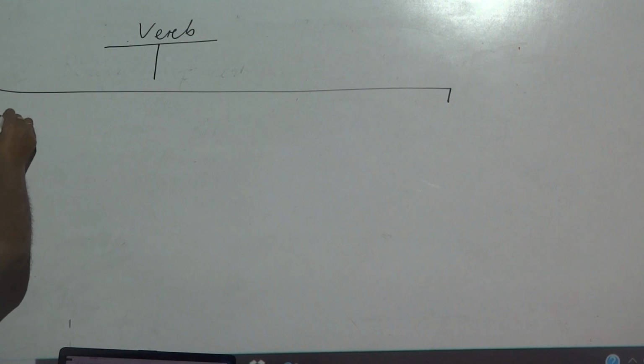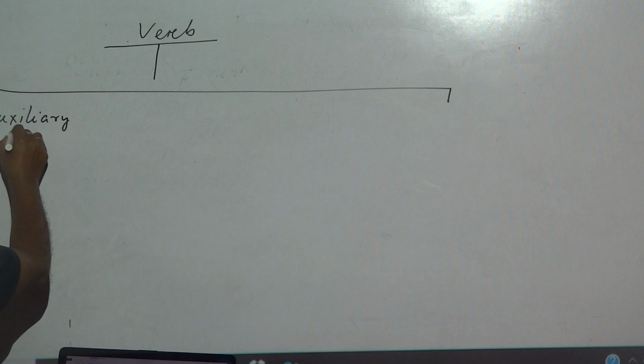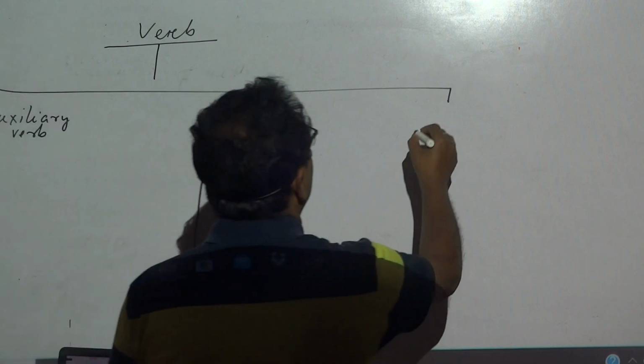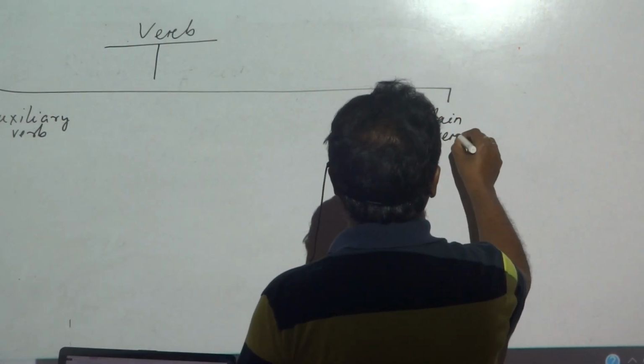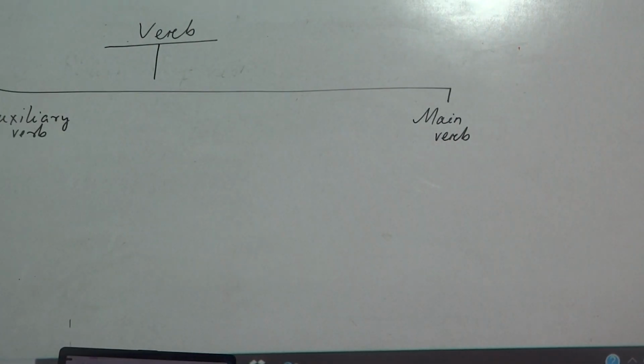One is auxiliary verb and another one is main verb. Am I right? Everybody knows. I am not telling a new thing.